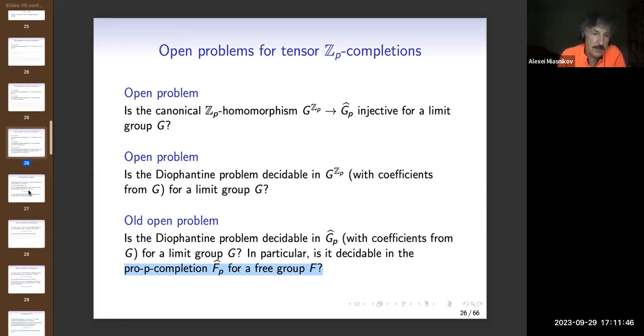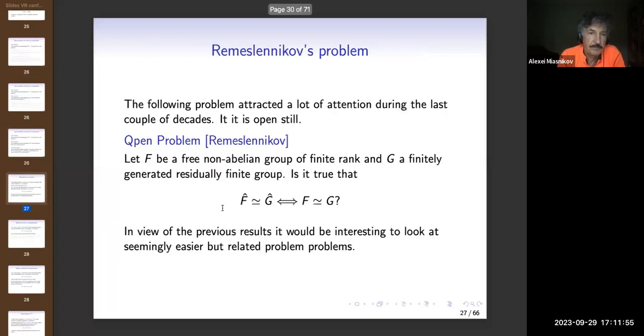And that's very old. How old? It's from the 1970s. There is a famous, well, not famous, problem which is attributed to Remeslennikov, properly. Indeed, he posed it. And it's the following. You have a free non-abelian group F of finite rank and G a finitely generated residually finite group.